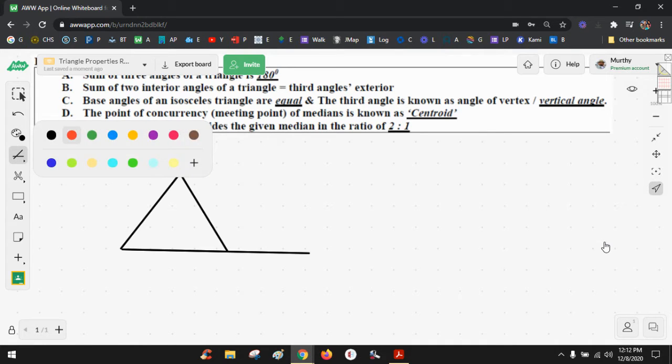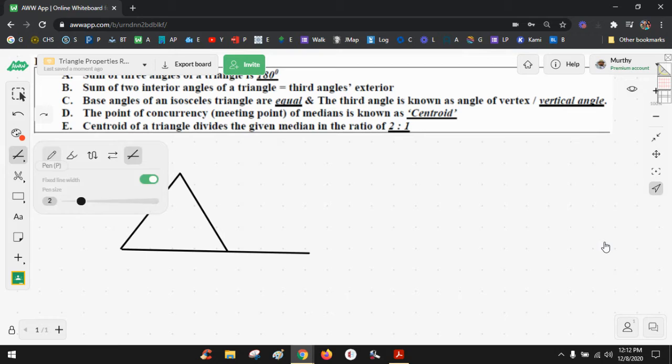Oops, I'm sorry. Point A, this is B, and this is C, and this one is say some P. Let's say that this is given as 70 degrees and this is given as 50 degrees.